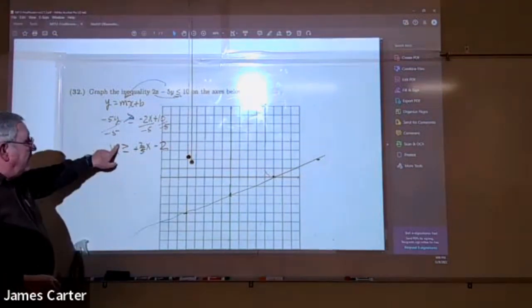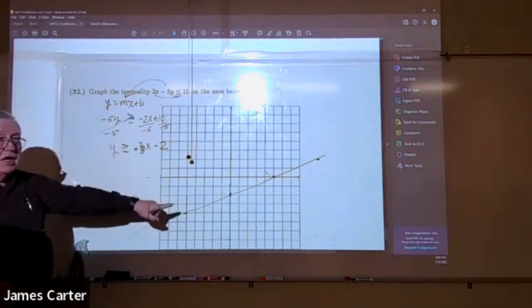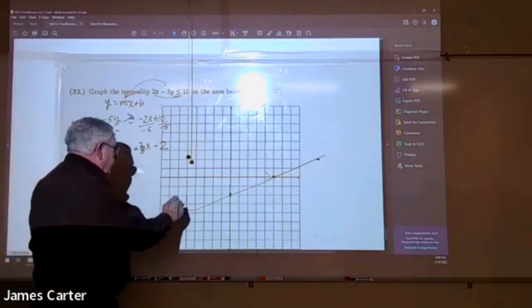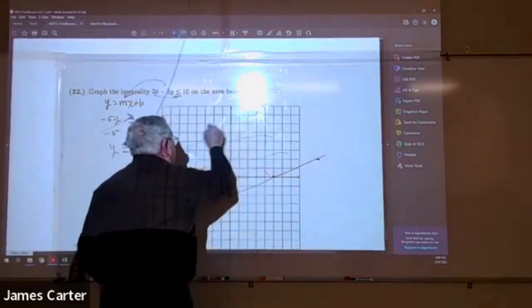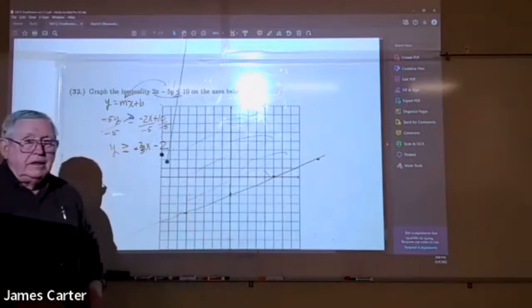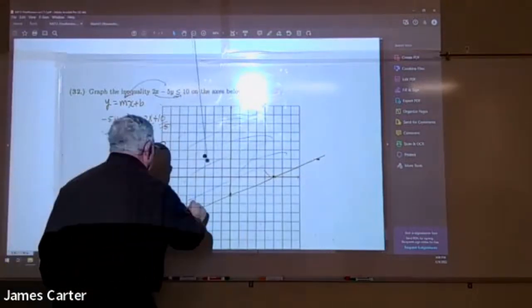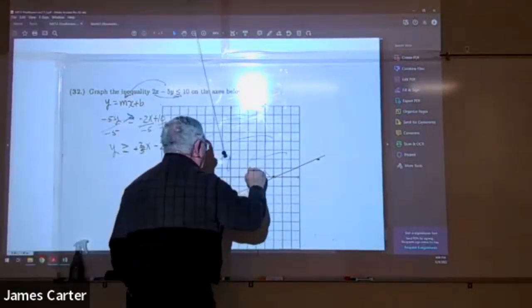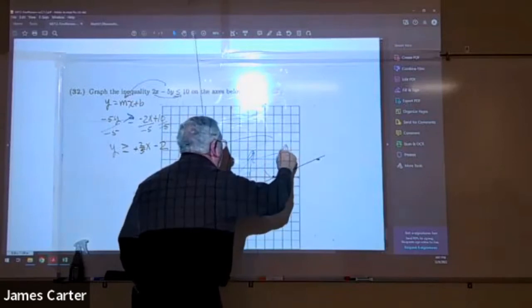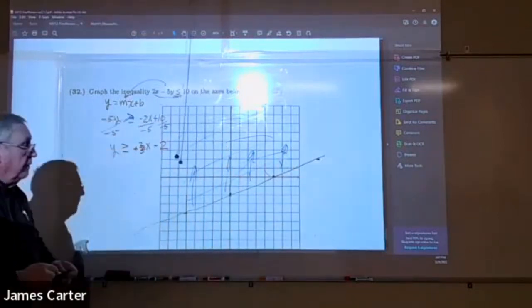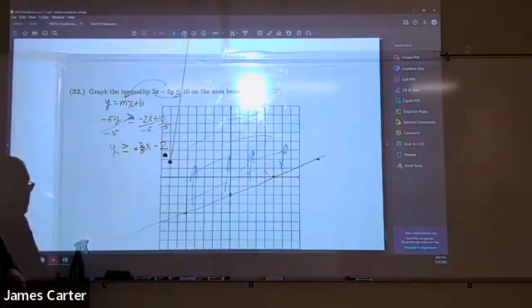This says y values bigger than the line, everything up here. Or if you want to draw arrows this way, you can. But you shade that side of the line.